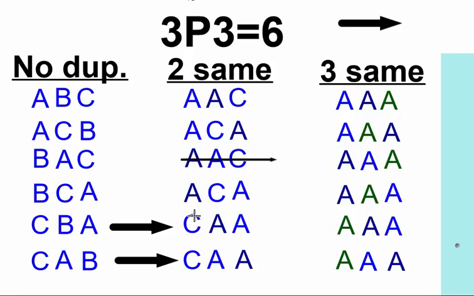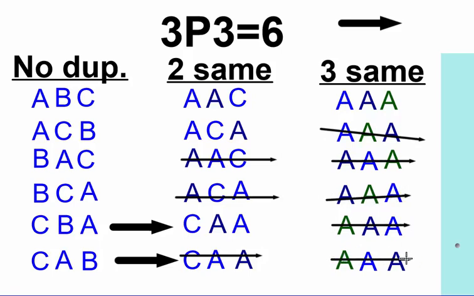That one's already been taken. That one's already been taken. That one's already been taken. So we're down to 3 here. So the original 6 divided by the 2. And this time we're down to really only one possibility. And so we have 1/6 of what we had before. Or again, the original 6 divided by 6, or divided by 3 factorial in this case.